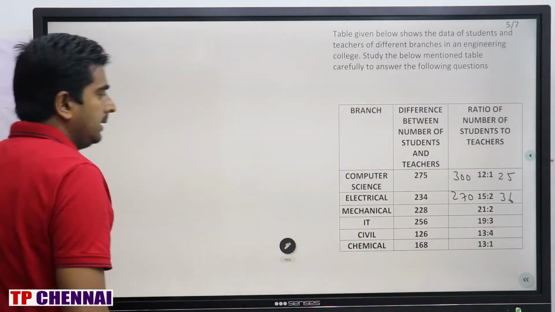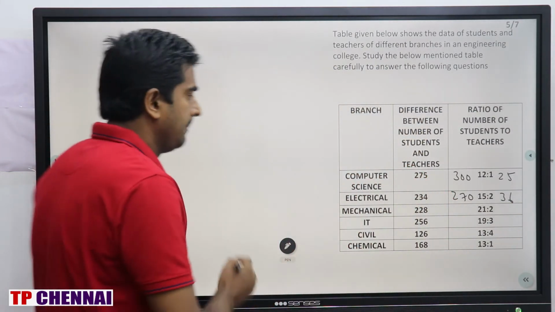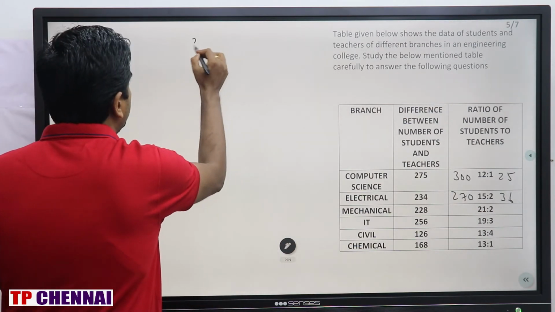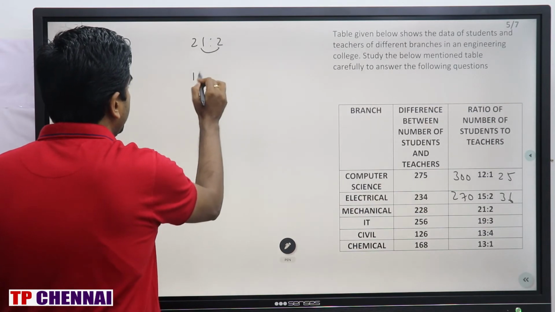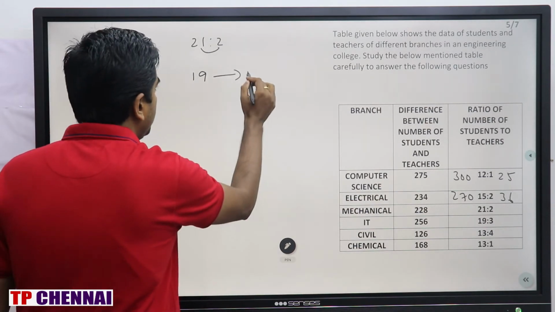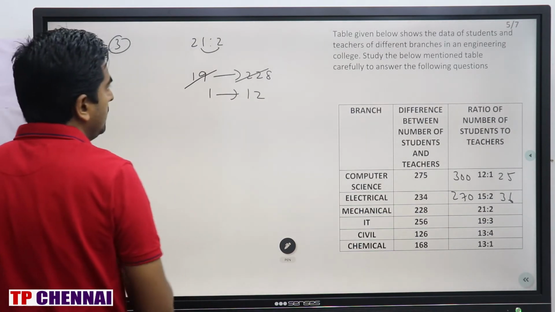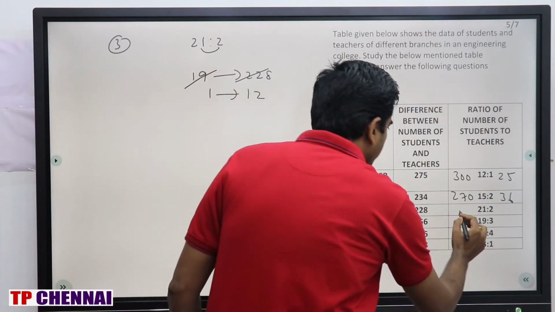Right? Second one. Then third one, mechanical. 21 is to 12. So the difference is 9. 9 parts is nothing but 228. So one part is nothing but how much? 12. So this is 252 and 24.